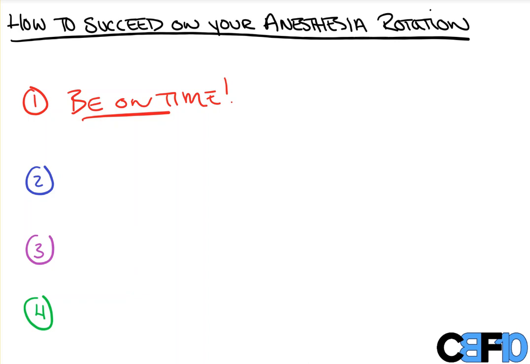They'll have to physically see the patient, do a preoperative evaluation, maybe place their own IVs, get any consent and paperwork that has to be done. They're also going to have to do their own note in the chart, go set up their operating room. That involves spiking their bags, setting up their airway equipment, getting syringes set up, drawing drugs, and then gathering any other special equipment that they may need for their case. So be on time, be a little bit early, and be there so that they know that you're actually interested.